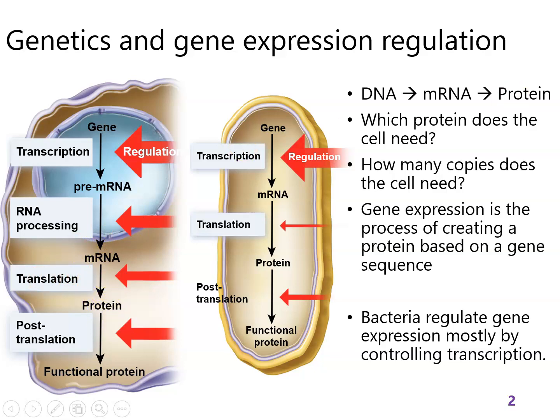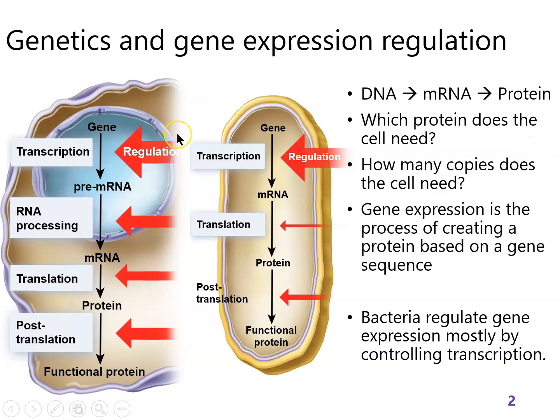And all those steps are steps where it would be hypothetically possible to change the rate at which a protein gets made. Because you can imagine if we slow down the process of transcription of a certain gene, we're going to slow down all of this. If we slow down how fast it's translated, again, we slow it down. And so anytime there's a step that we can look at, like transcription, processing, translation, post-translation, all of those are opportunities to control how fast we make each individual protein.